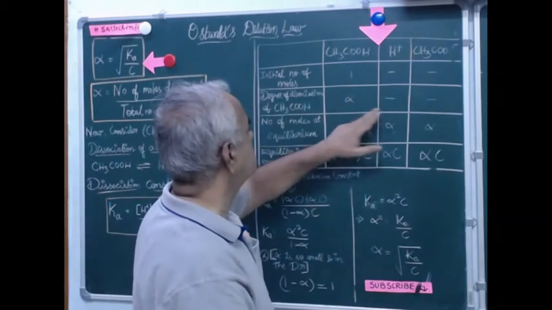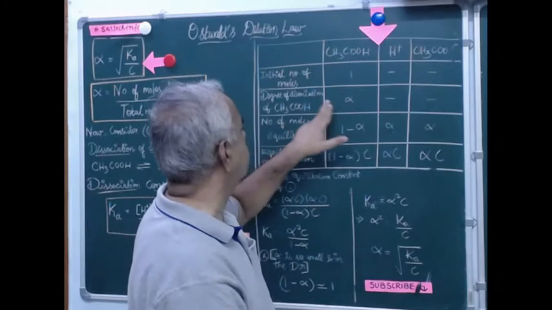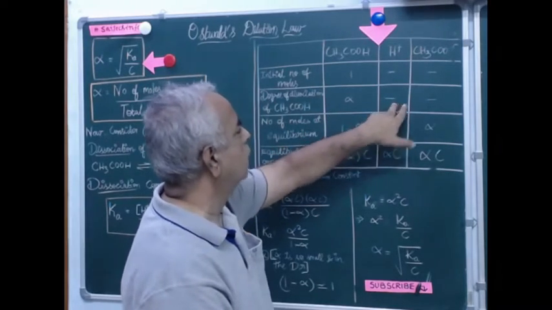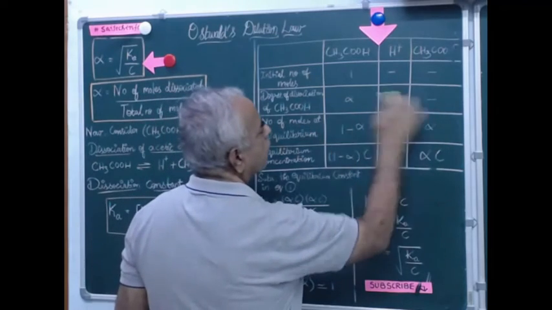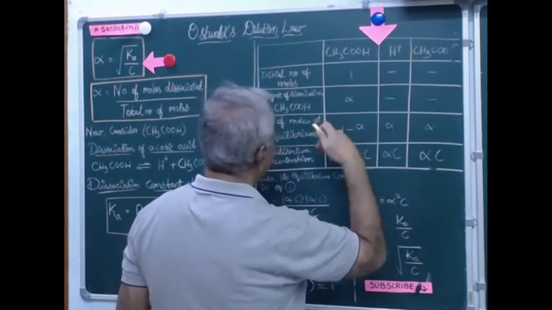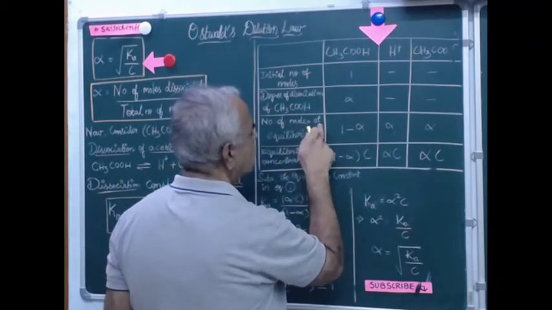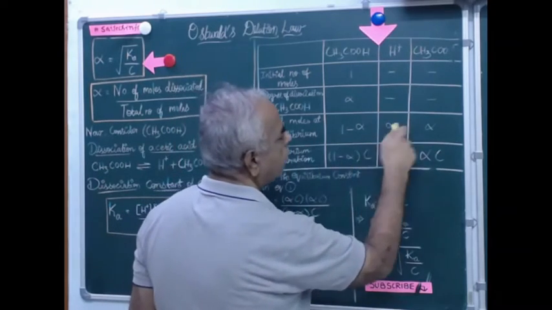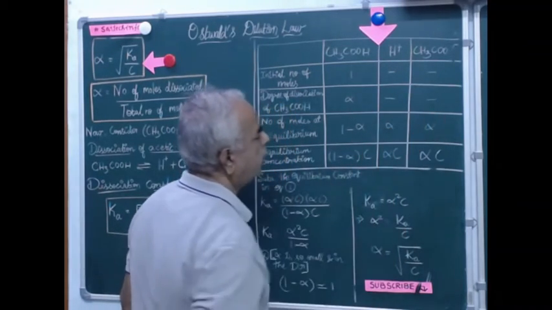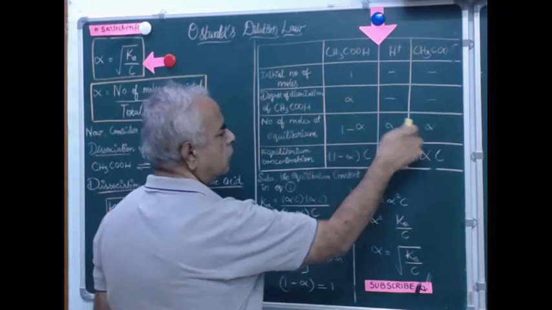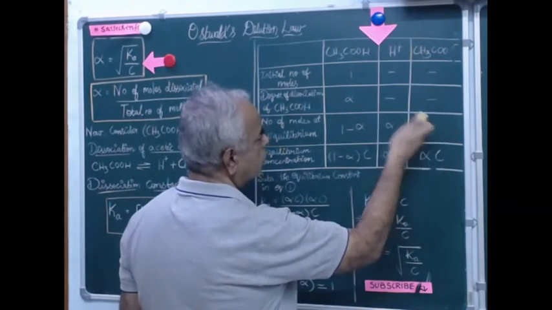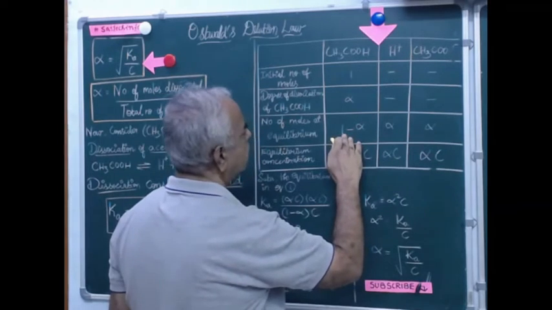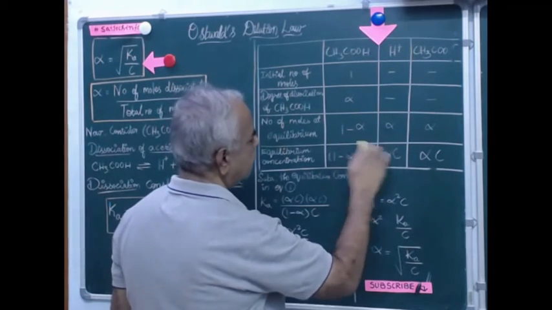And for the degree of dissociation, after a certain time, the number of moles at equilibrium will be alpha and alpha. So alpha moles are dissociated. Originally it was 1, so the remainder is 1 minus alpha.